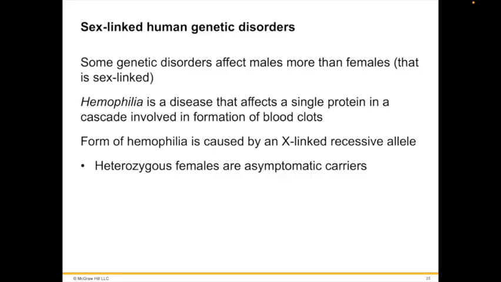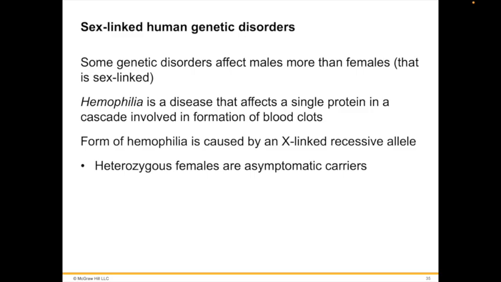Another example is hemophilia, a disease that affects a single protein in a cascade of proteins involving the formation of blood clots. Thus, in an untreated hemophiliac, even minor cuts will not stop bleeding. This form of hemophilia is caused by an X-linked recessive allele.